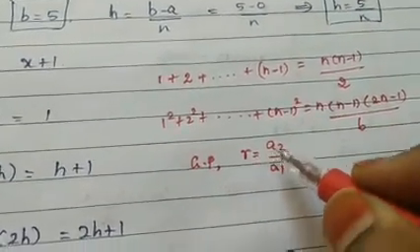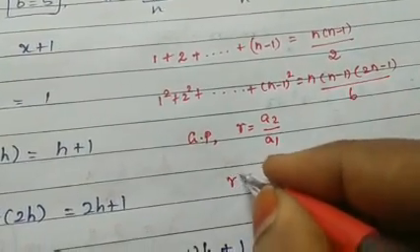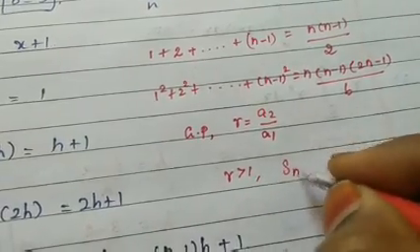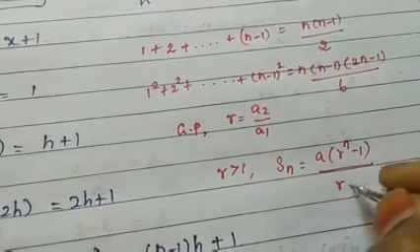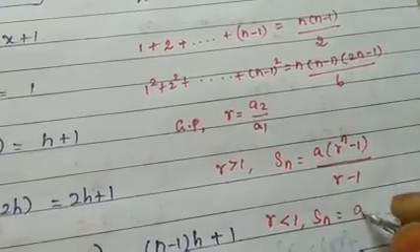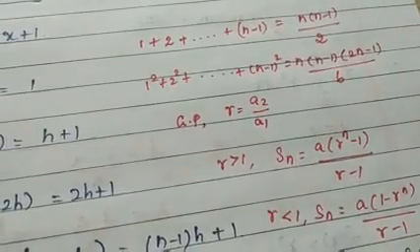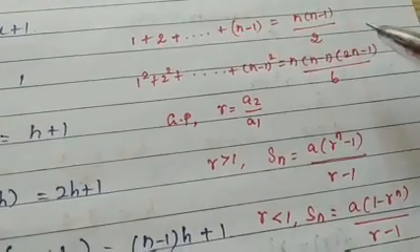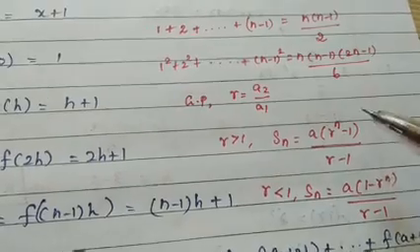Therefore, to find out the ratio, it is second term divided by the first term. And when r is greater than 1, sum of the series is a into r power n minus 1 divided by r minus 1. When r is less than 1, Sn is a into 1 minus r power n divided by 1 minus r. Therefore, these are the four formulas you will be applying here. So keep it in mind.